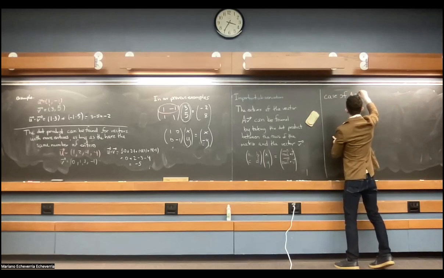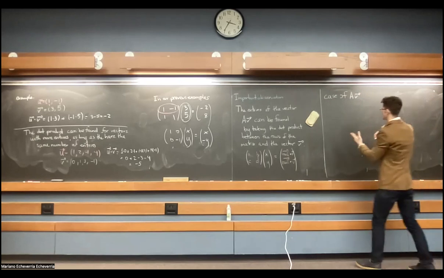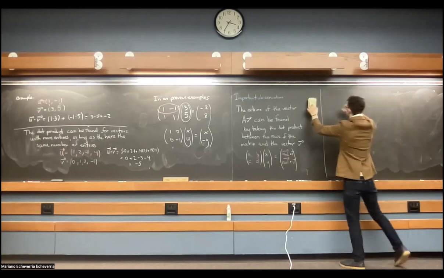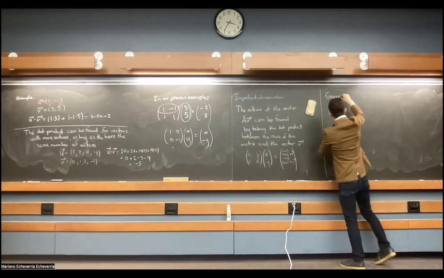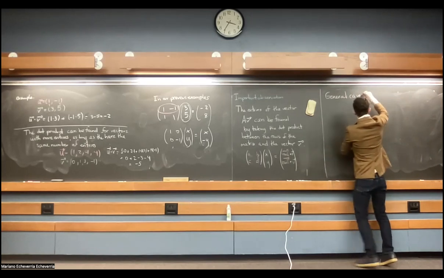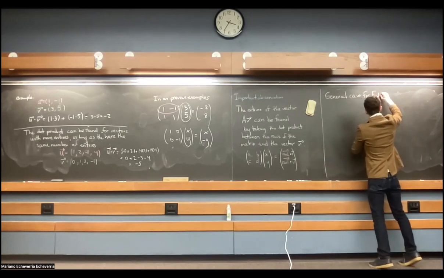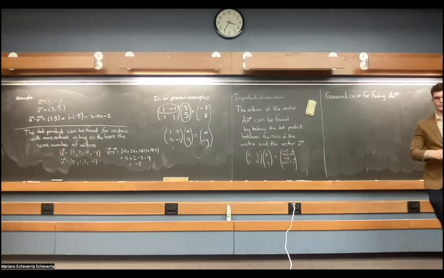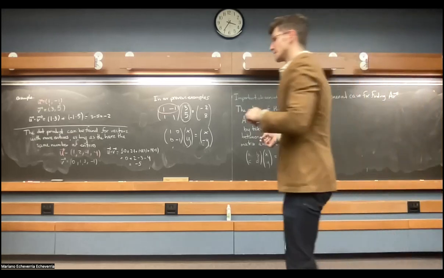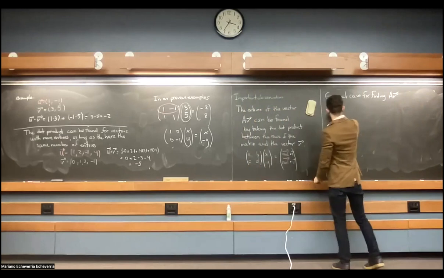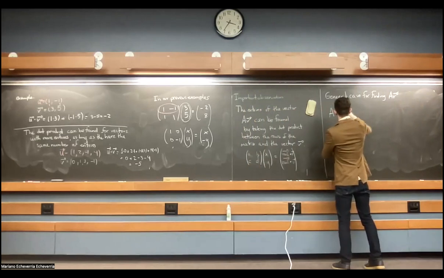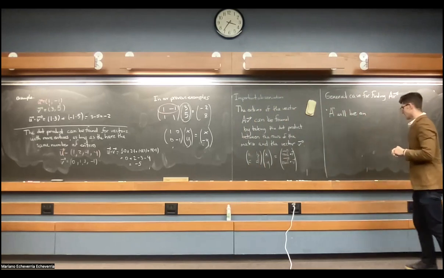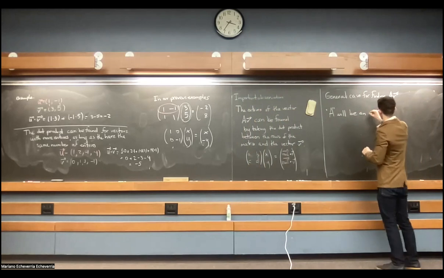So in general, A is going to be what we call an m times n matrix. And let's think about what that means.